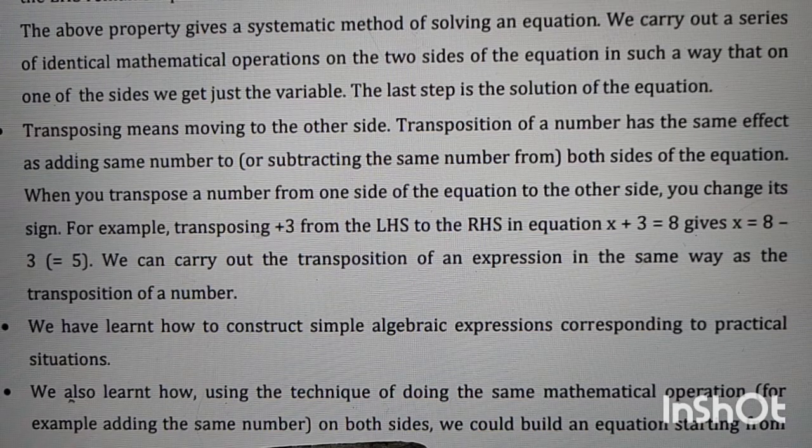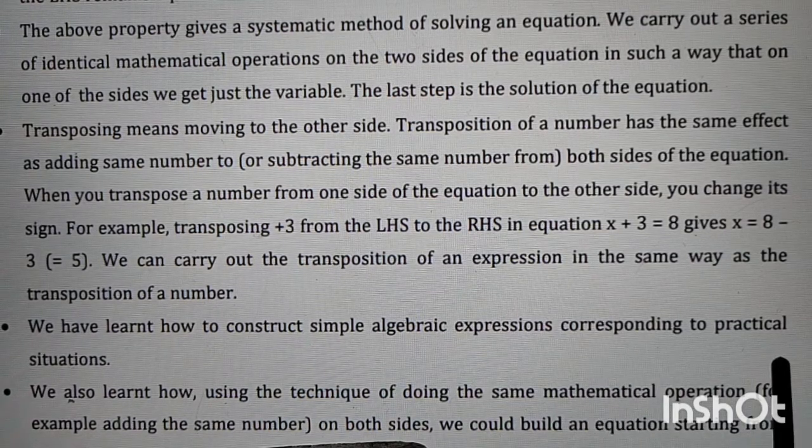The next one is, we have learned how to construct simple algebraic expressions corresponding to practical situations. This we have done in the exercise in which the statement is changed into an equation.